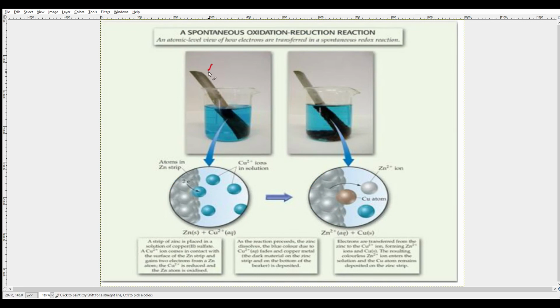This is what it looked like originally, and then this is copper that's all over it. There's actually zinc now floating around in solution, zinc ions. And this is solid copper. So that is our very basic introduction to electrochemistry.